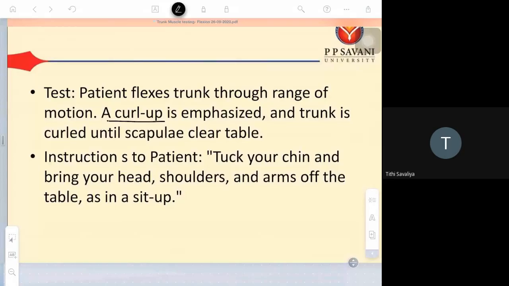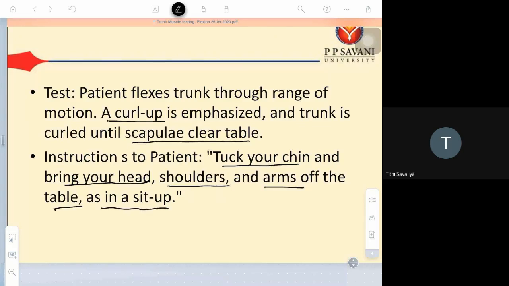Curl up should be emphasized until the scapula clears the table. This is the test. And what instruction will you give? Tuck your chin and bring your head, shoulders, arms off the table as in sit-up.